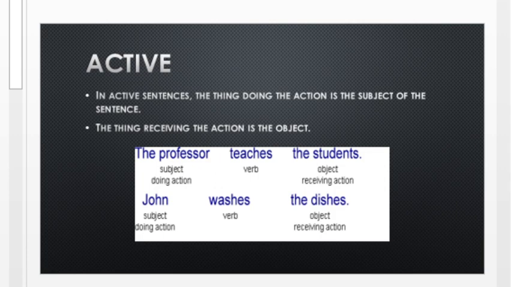The one doing the action is the professor, meanwhile the verb is teaches. Same goes with the second sentence, John washes the dishes. The one who's doing the action, which is the subject, is John, the verb is washes, and the dishes is the object, the one receiving the action. So this is active.